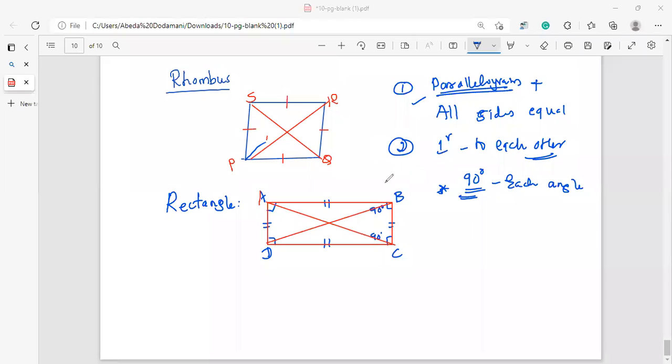That is also a very important property in the case of the rectangle: the diagonals are equal.